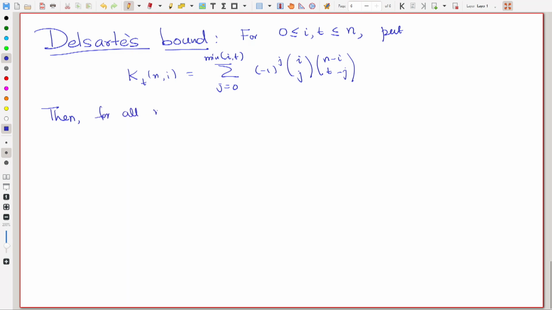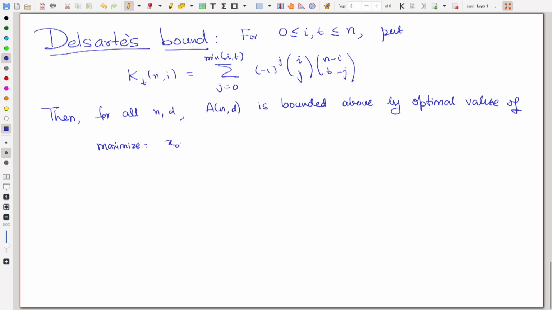And then for all n and d, A(n, d) is bounded above by the optimal value of the linear program: maximize x_0 plus x_1 plus up to x_n, subject to x_0 equals 1.